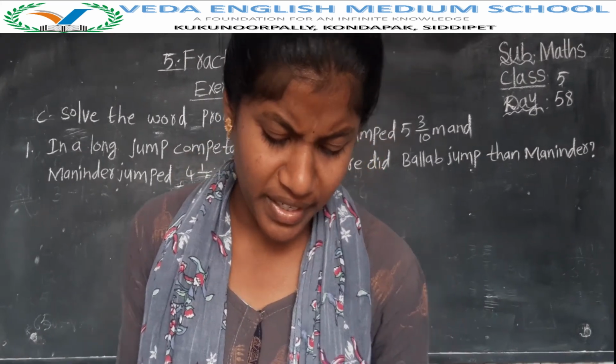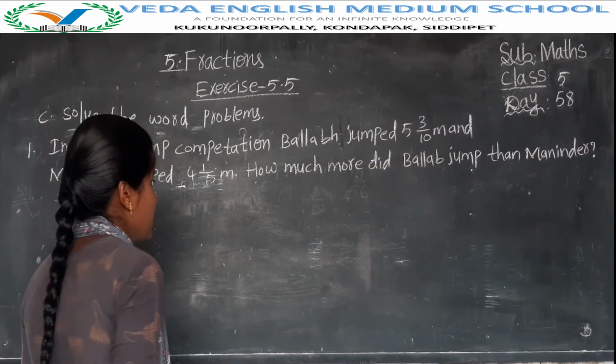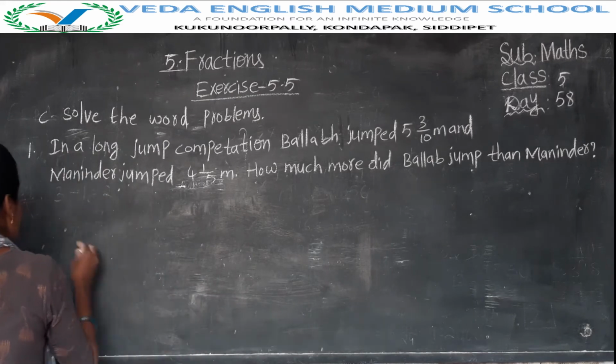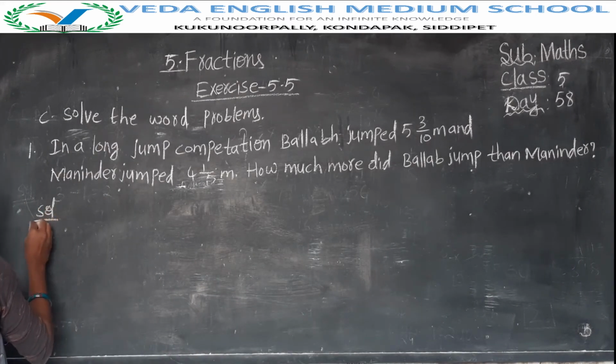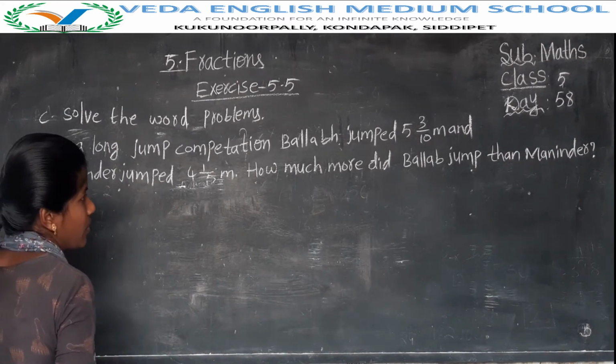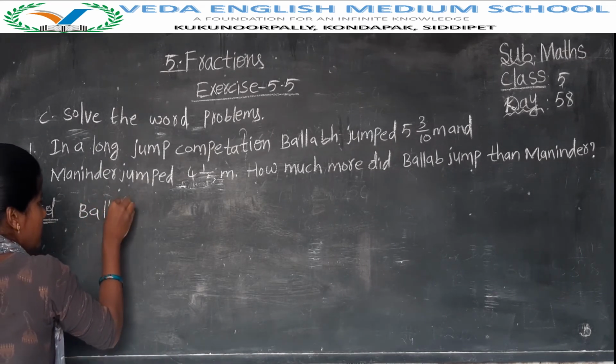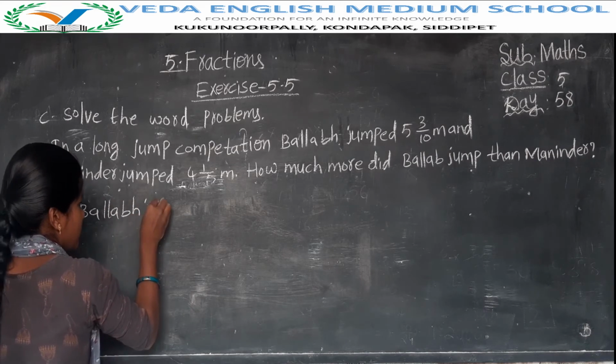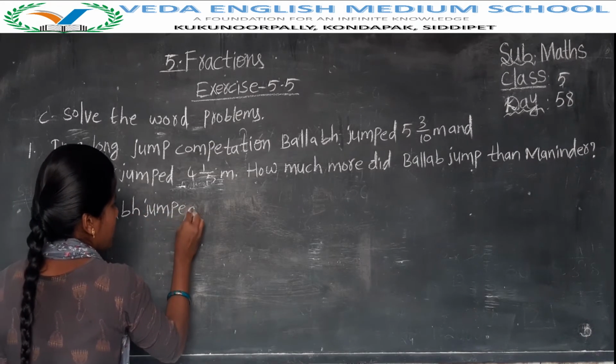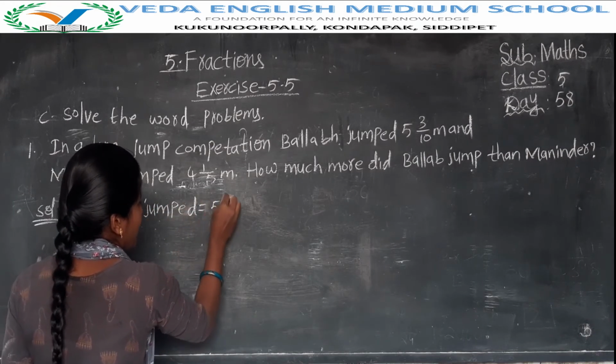So simply it is subtraction of fractions. So you have to write: Balab's jump is equal to 5 into 3 by 10.